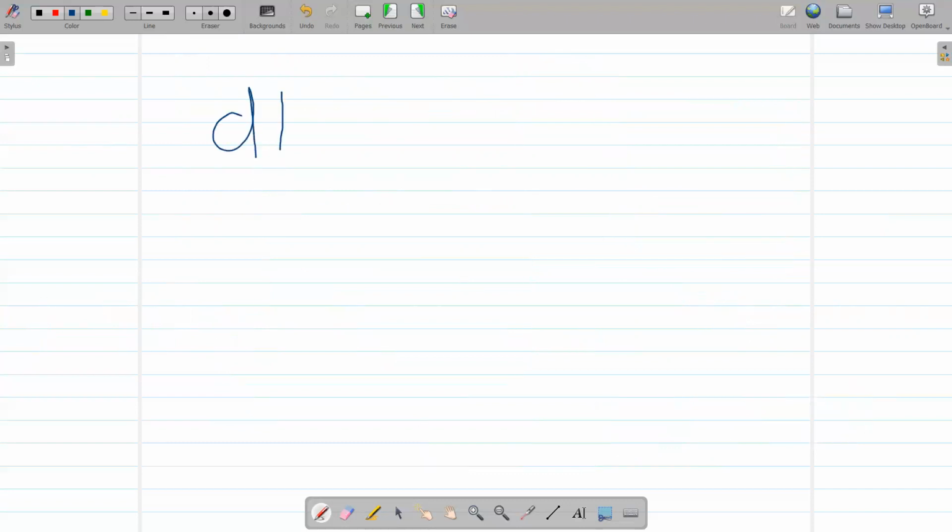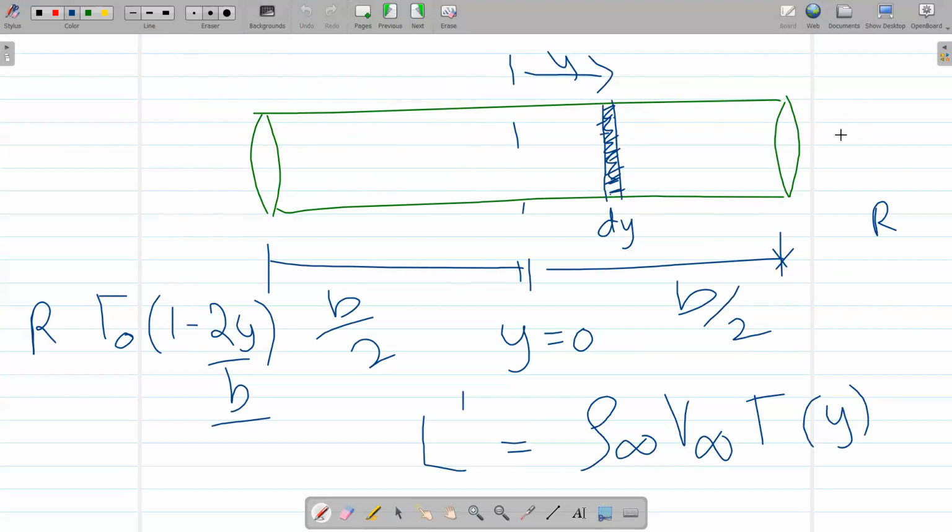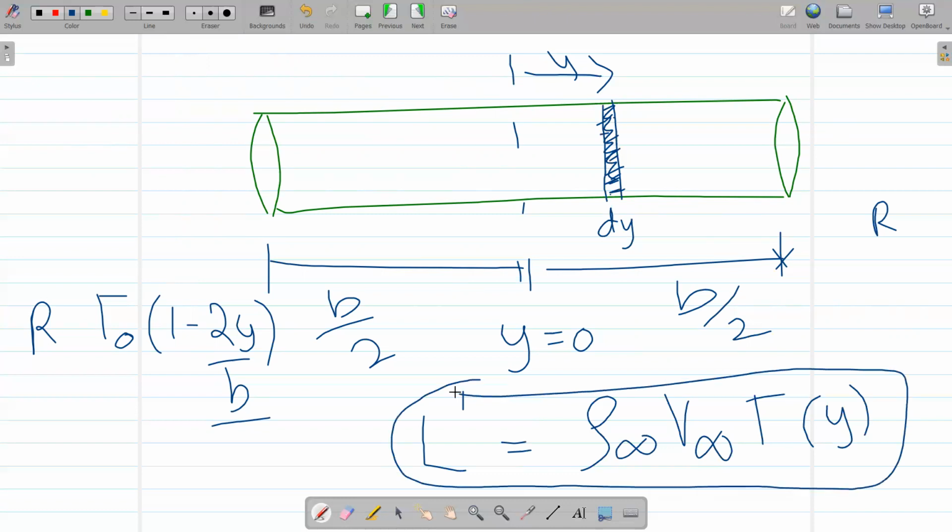So the infinitesimally small amount of lift in that small strip is given by rho infinity, u infinity, gamma of y into dy. Keep in mind, guys, this is the lift per unit length, that is the lift on a given airfoil section, and multiplying it with the length of that airfoil, which is dy, you get the infinitesimal value of lift.